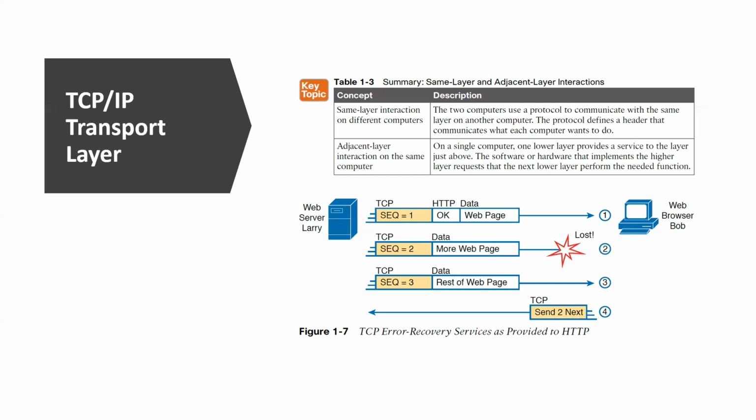Then the application layer says, hey, we got something for you, AOL Messenger. Nelson says, good morning, at 4 o'clock in the afternoon. Something Nelson would do, but again, just an example. Hopefully that makes sense. So that's the difference between same layer interaction on different computers and adjacent layer interaction on the same computer.